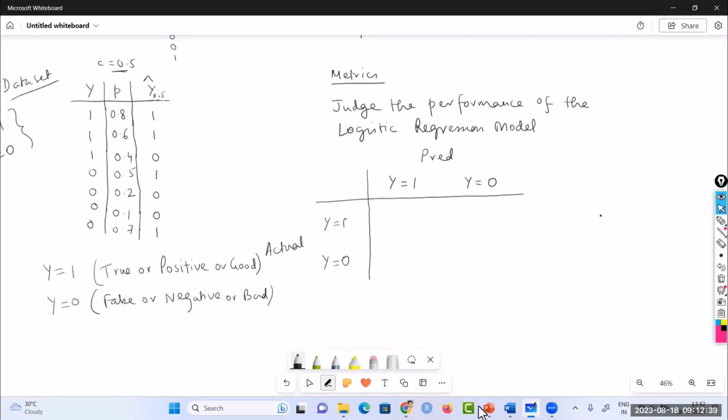Actually y is positive, I'm predicting y as positive, so correct decision: true positive. Actually y is negative, I'm predicting it as negative, so true negative. Here actually y is positive, predicting it as negative, so falsely predicting it as negative: false negative. And here false positive: actually y is negative, predicting it as positive. So true positive, true negative, false positive, and false negative.